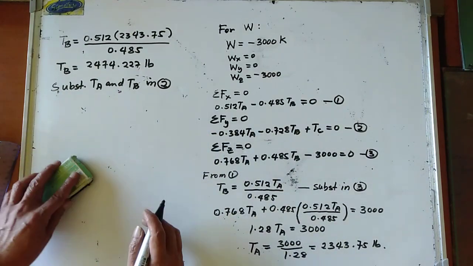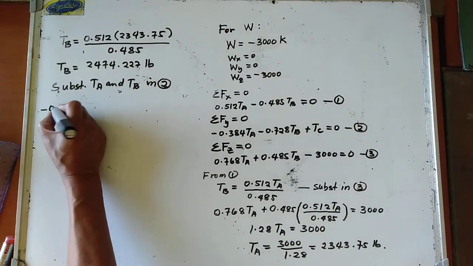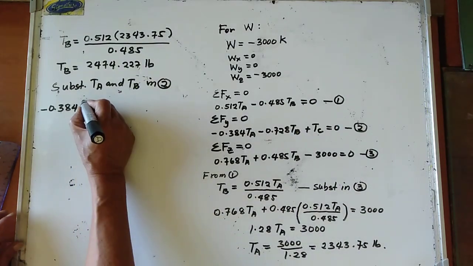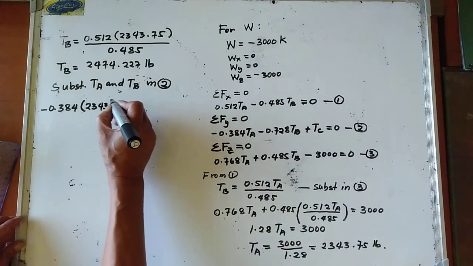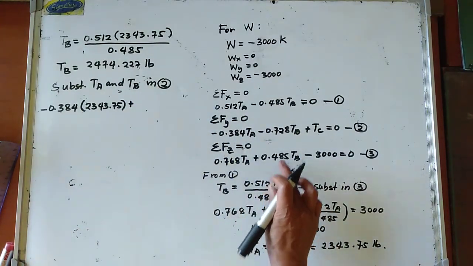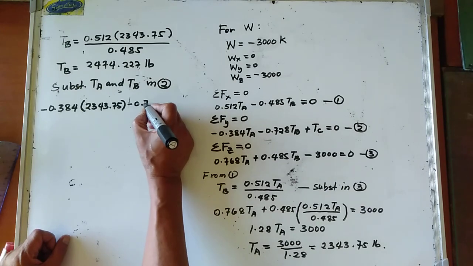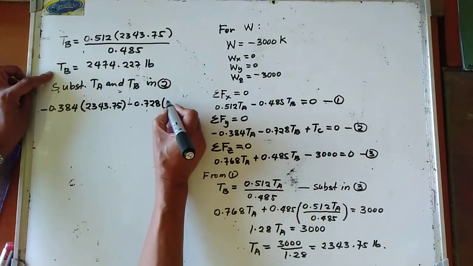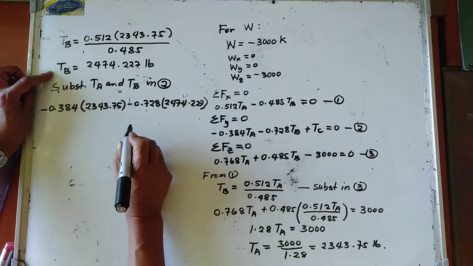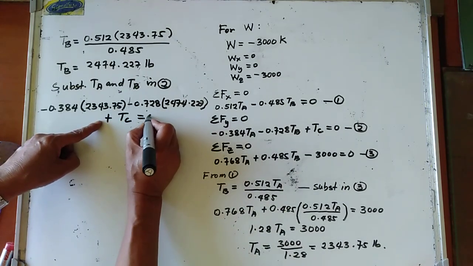So we have minus 0.384 TA, where TA is 2343.75, plus minus 0.728 T sub B, where T sub B is 2474.227, plus T sub C is equal to 0.